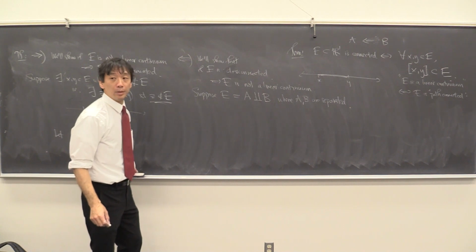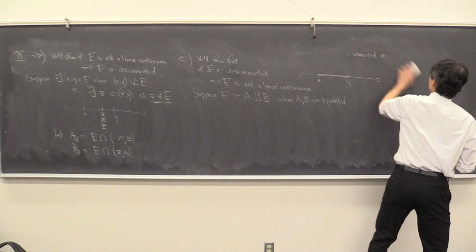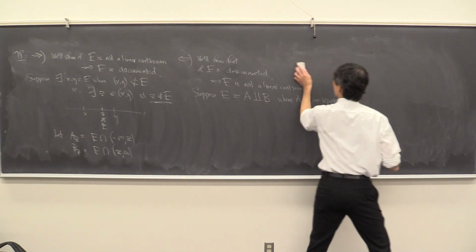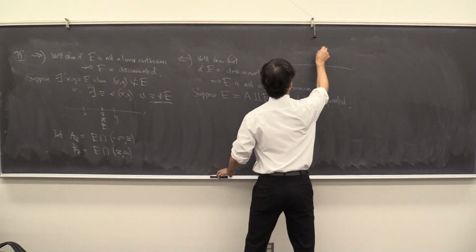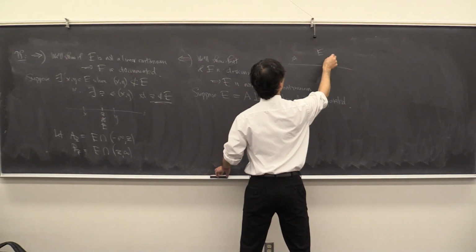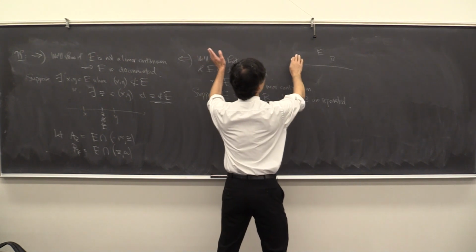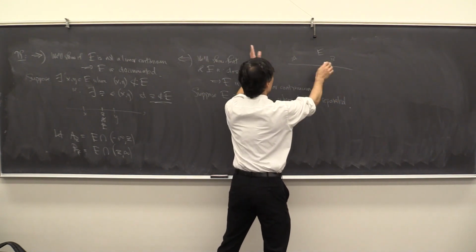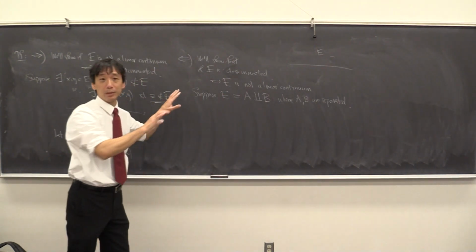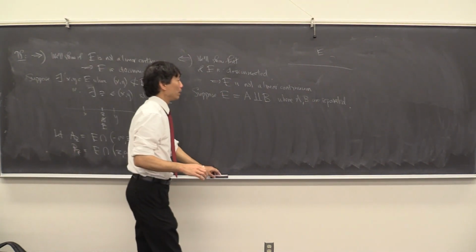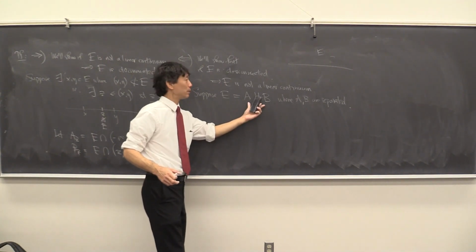So E is expressible as a union of some sets A and B, and B could have some stuff on the left here, and A could have some stuff on the right. It's not so left-right split like in the previous case. Okay, so we've separated E into these two separate sets.